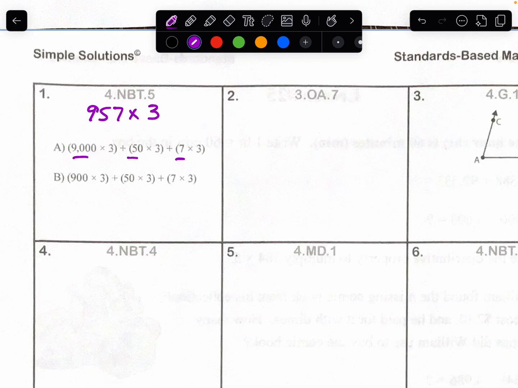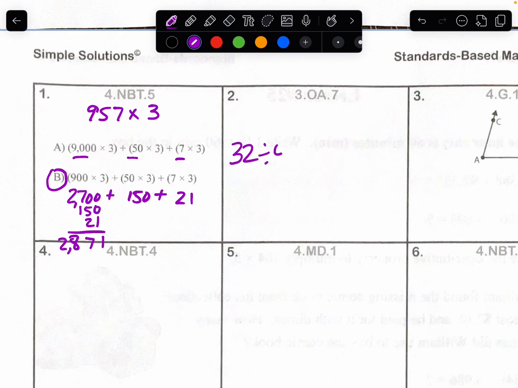So the correct answer here would be B. If you wanted to go ahead and solve this, here are your partial products. And then all you had to do was add all 3 partial products to get a product of 2,871.